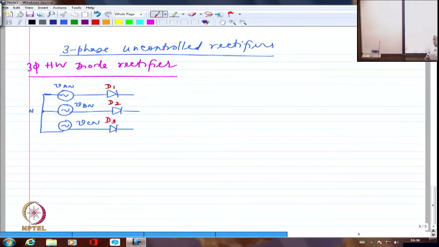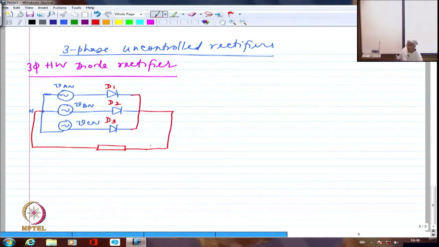And then finally from the neutral, I am going to connect a load which is also connected to this star point like this. So what I am converting is AC to DC, of course, and the DC is connected between the neutral and the star point of the three phases which are connected after the device, right?